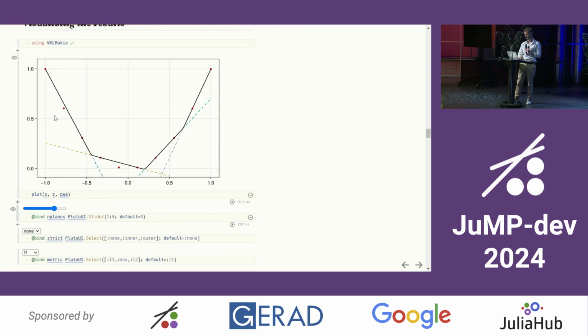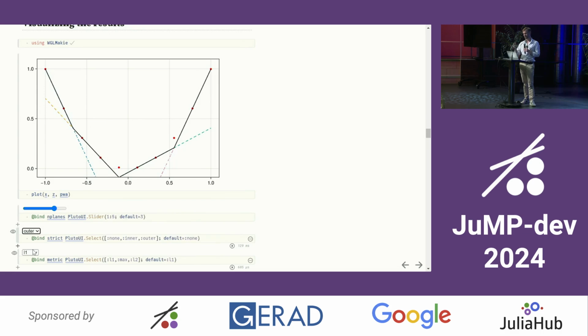The red points here are the points that we're trying to approximate, and if you now change what we call strictness to get the outer approximation, then it will re-optimize, and you will get an approximation where all of the points are within the approximation.